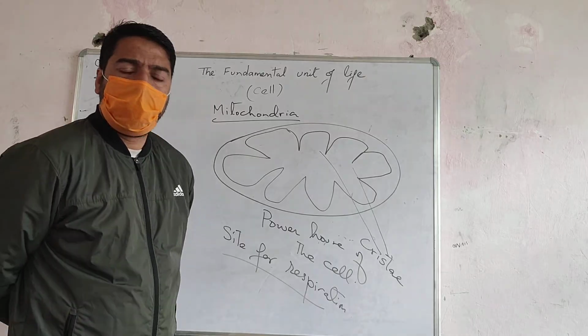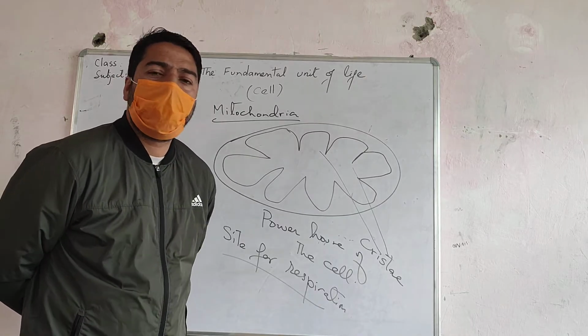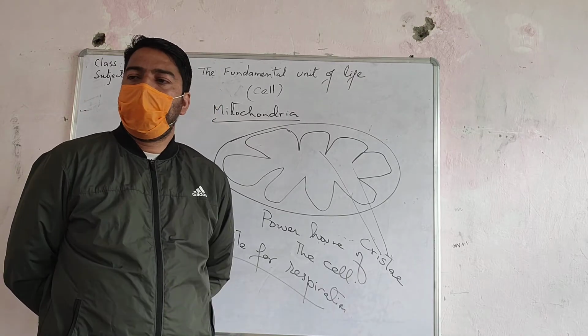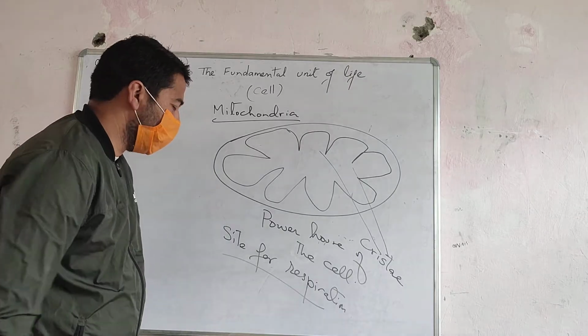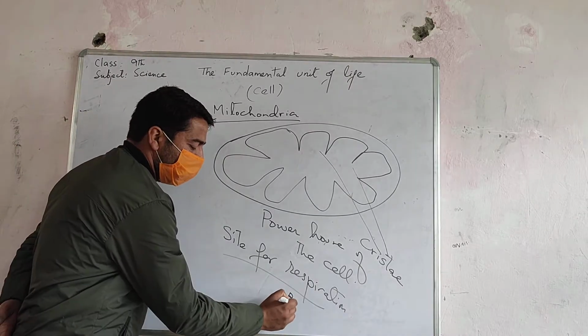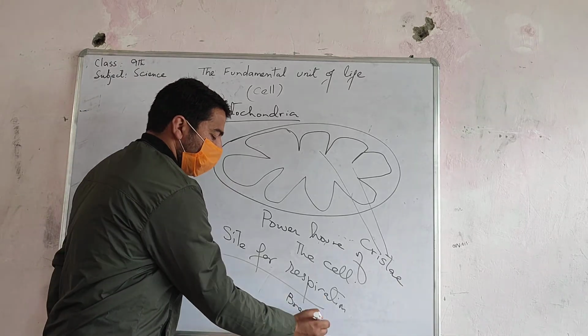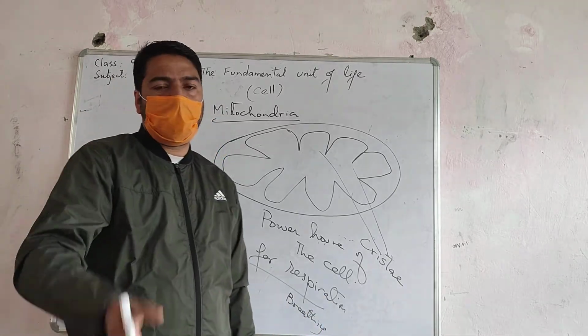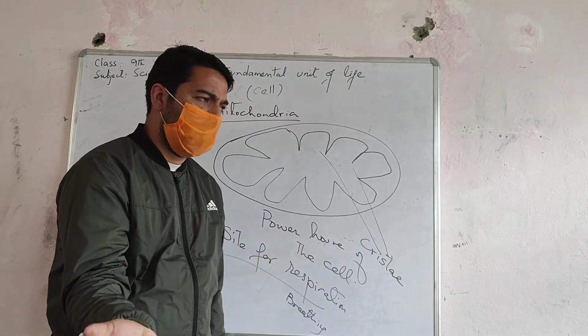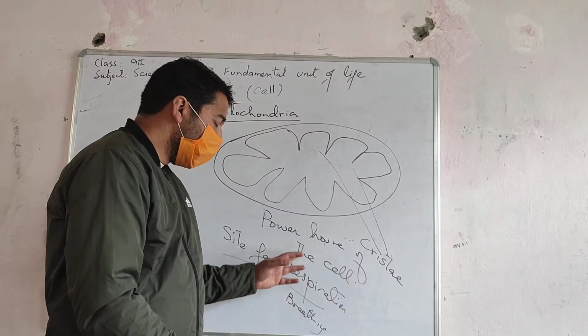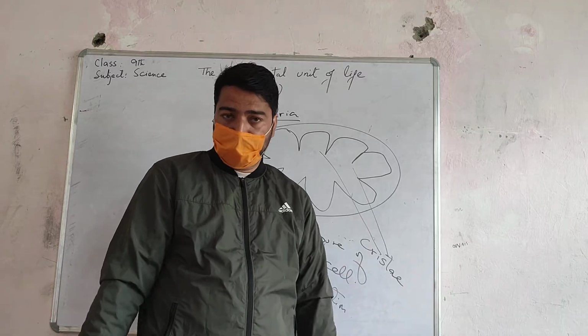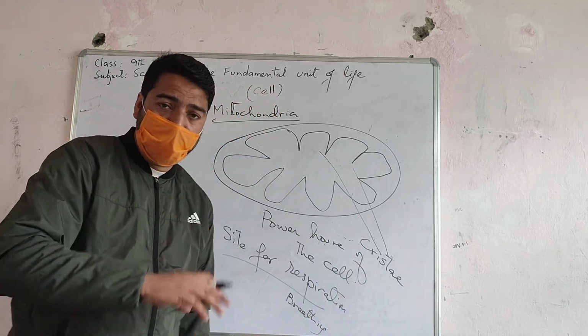So what is respiration? We most often intermingle the terms respiration and breathing, but there is a difference between respiration and breathing. Breathing means we take in, for example, animals take in oxygen and breathe out carbon dioxide. It's simple, but respiration is oxidation of food, not just the intake of gas.